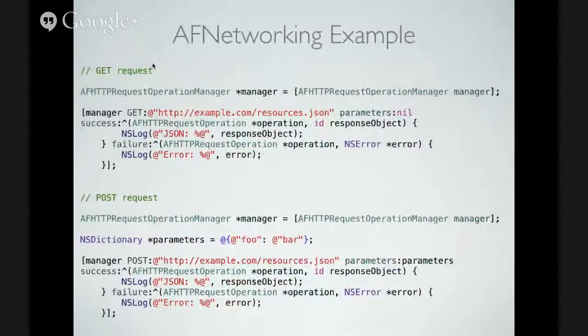These are two examples of AFNetworking usage: GET and POST requests. They are self-explanatory. You can see that we use here the AFHTTPRequestOperationManager we talked about earlier. It is very simple to use. We have success and failure blocks in which we can further code according to our needs.